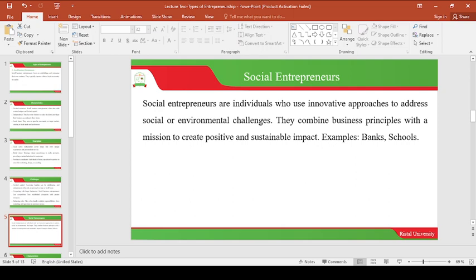For example, banks, schools. So if I can narrow this explanation down to the context of Rift University, I think Rift University is under social entrepreneurs because we want to change society through education. We want to change the way you live your life through education. So therefore, Rift University is under social entrepreneurship. We don't make profit.